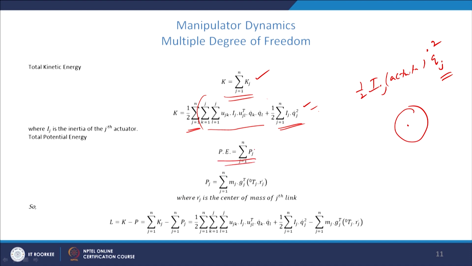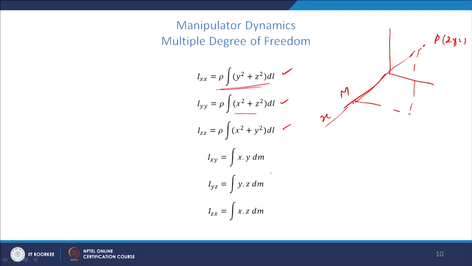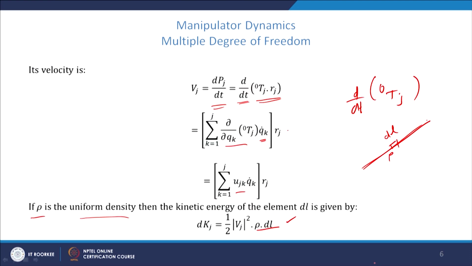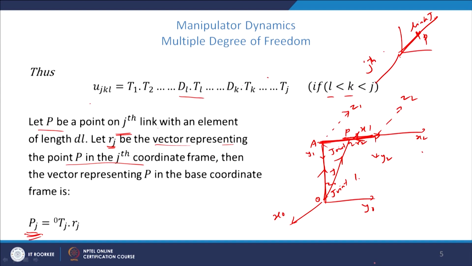Potential energy of each link can be calculated as mass into gravity into the height. So, if you take a particular point on the link, the height is to be calculated with respect to the base actually. We have to consider the base is this one and the jth link, let us say this one.